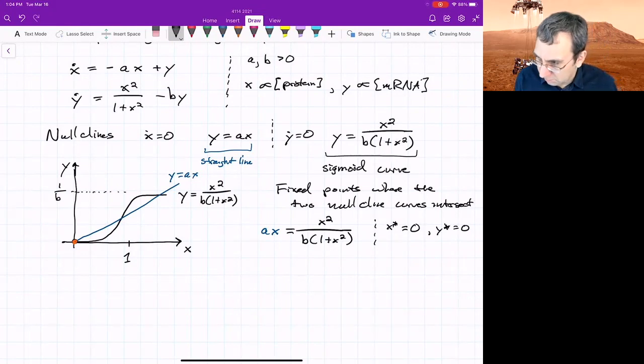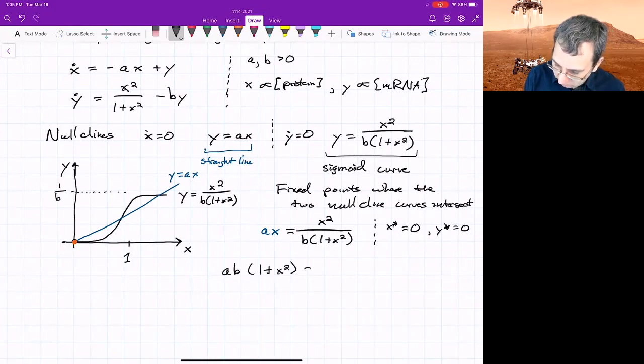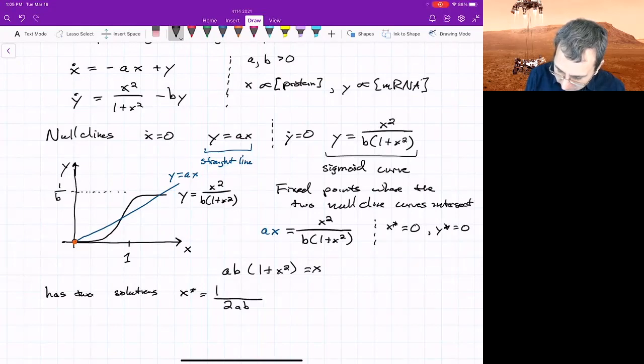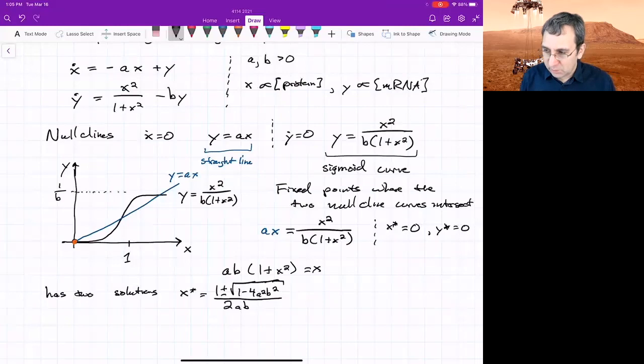The other one, we can divide by x and write ab(1 plus x squared) equals x, which we can solve using the quadratic formula. So this has two solutions. x star equals, the denominator is 2ab, and then up above is 1 plus or minus the square root of 1 minus 4a squared b squared.